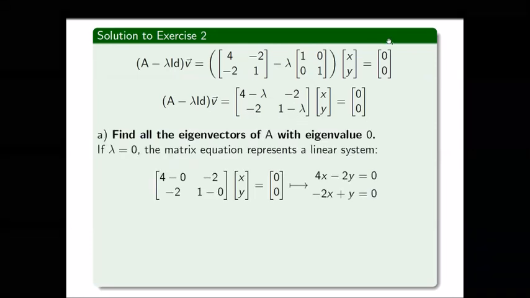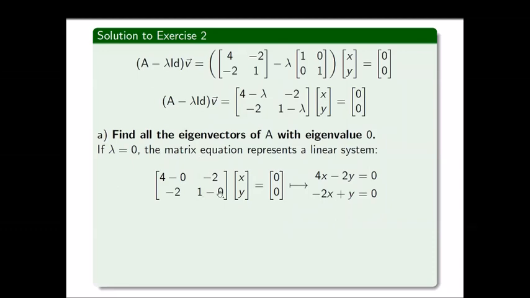If lambda is 0, then the matrix simplifies to 4 minus 0, minus 2, minus 2, 1 minus 0, and this represents a linear system given by 4x minus 2y equal to 0 and minus 2x plus y equal to 0. To get to this linear system, we just multiply this matrix with this vector x, y.